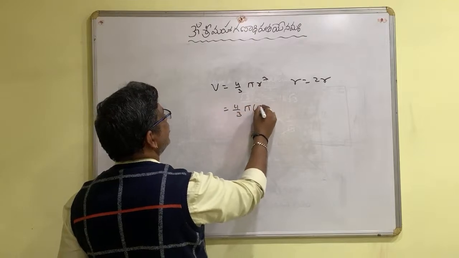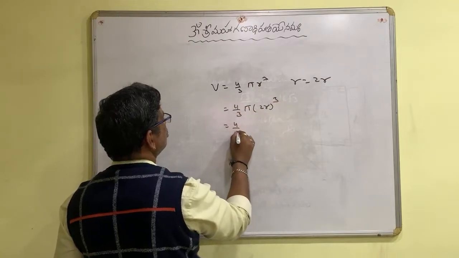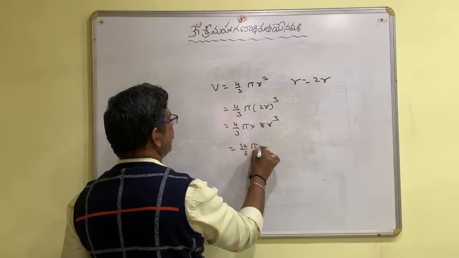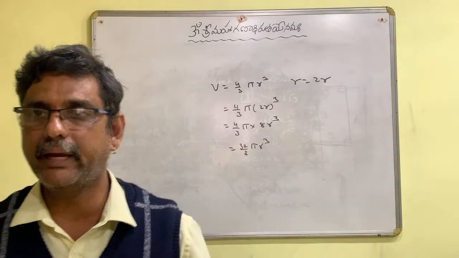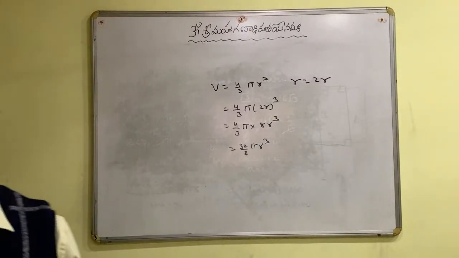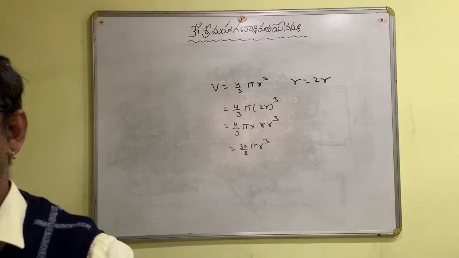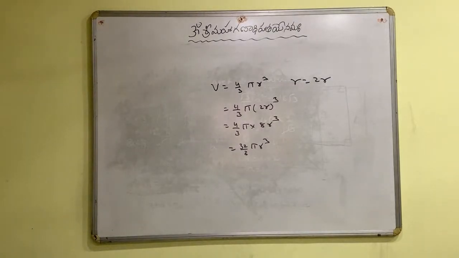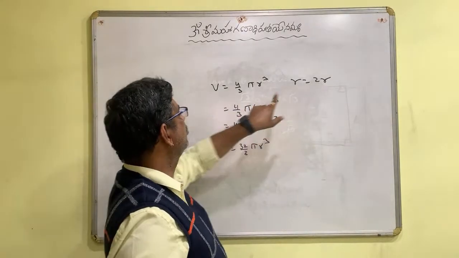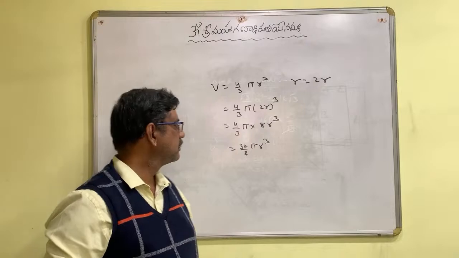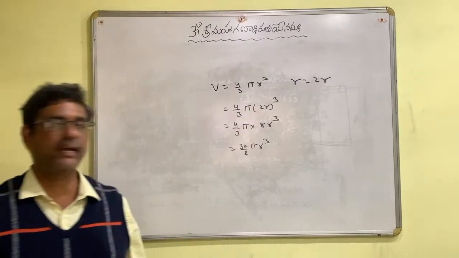So 4 by 3 pi, 2r whole cube. 8r cube. So 32 by 3 pi r cube. Okay? If the radius is 2r, we need to substitute 2r in place of r. Then the volume becomes 32 by 3 pi r cube.